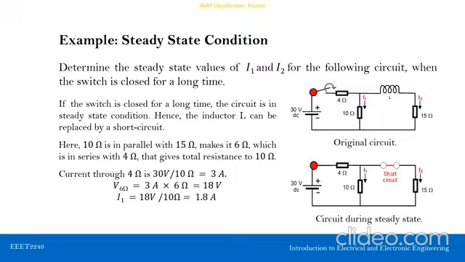Finally, the current through the branch I1 will be the voltage across that branch, that is 18 volt divided by 10 ohm, which gives 1.8 ampere, and then the current through the branch I2 will be 18 volt divided by 15 ohm, which gives 1.2 ampere.